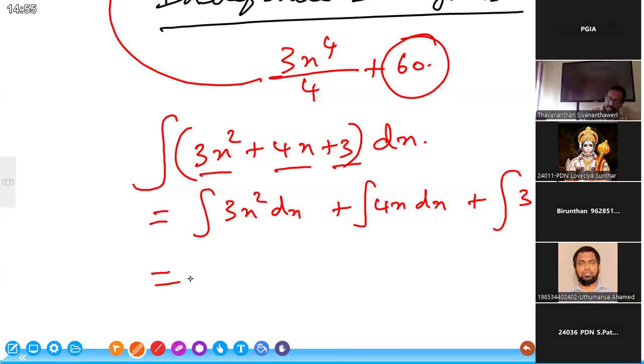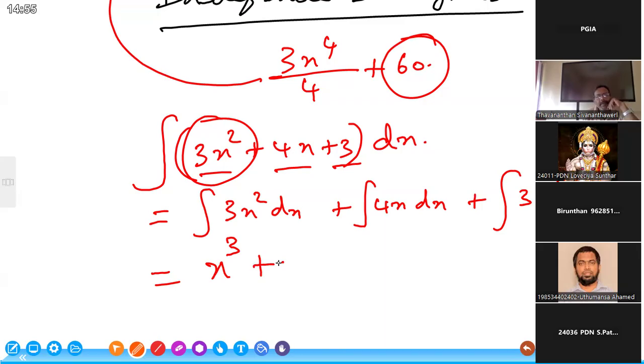Let's do it. If you integrate 3x square, what is the answer? 3x to the power 3 divided by 3, that is x to the power 3.